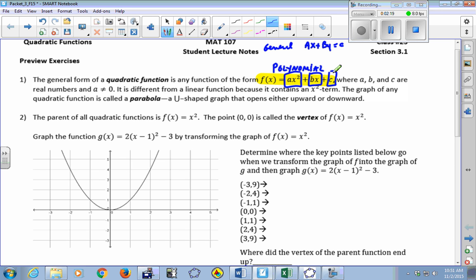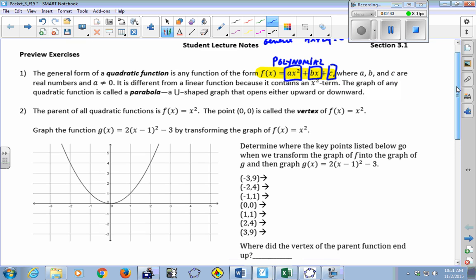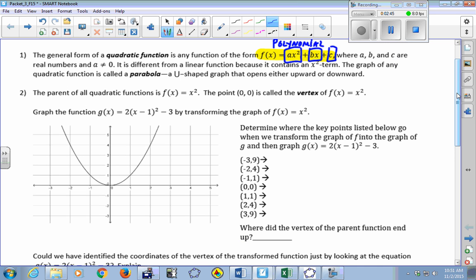Now, we may not have a term that has an x part, and we may not have an equation that has the c part, but we always have to have a equal to some number other than 0, because if we didn't, then we would be looking at a straight line instead of a quadratic function. Okay, so that's polynomial form. What we're going to be working mainly with today is something called the standard form or the vertex form, which looks like this.